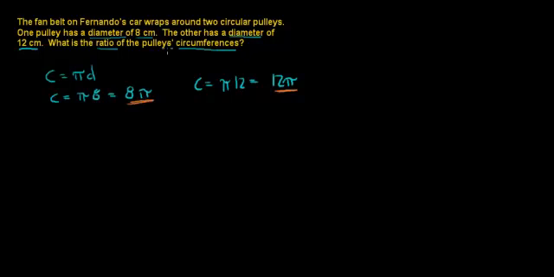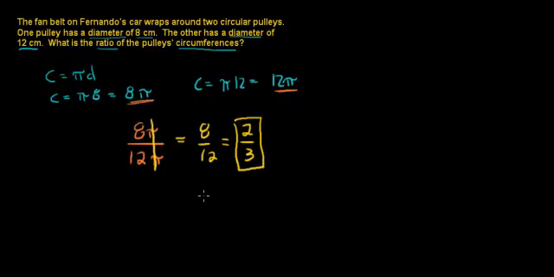I want to know the ratio of the pulley circumferences, so what I can do is express these two numbers as a ratio and put 8 pi over 12 pi. And that allows me to cancel out the pi's, which gives me 8 over 12. I divide both of those by 4. 2/3. That is the ratio of their circumferences, 2 to 3.